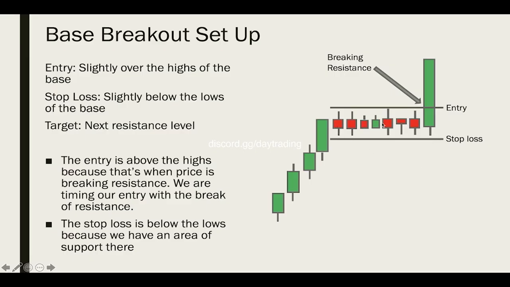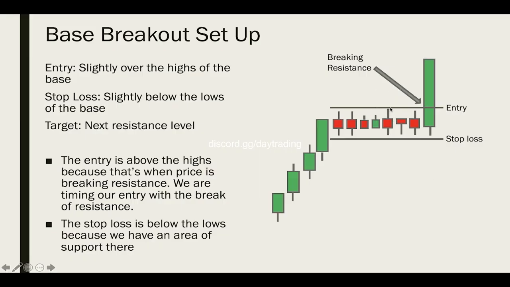So let's say you have a base like this, find the absolute highs. In this case, it'd be over this candle, and place your entry over the highs of that base. My recommendation is, let's say the highs of the base is $6. You want to place your entry at about $6.02, $6.03. You want to give it 2 or 3 cents of room.